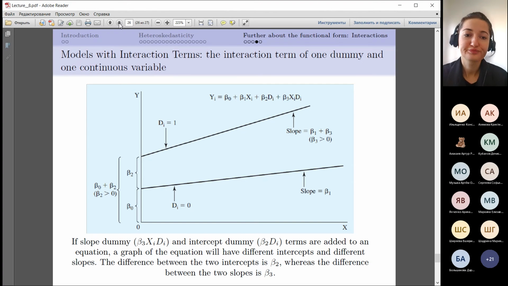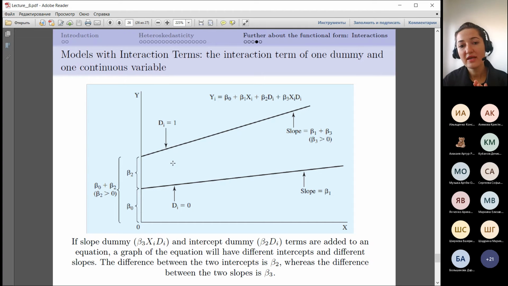How can we present this idea in the graph? So this is our proposed model that we want to assess. You can see two different lines here.